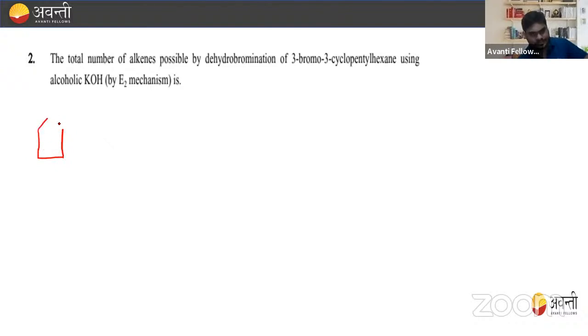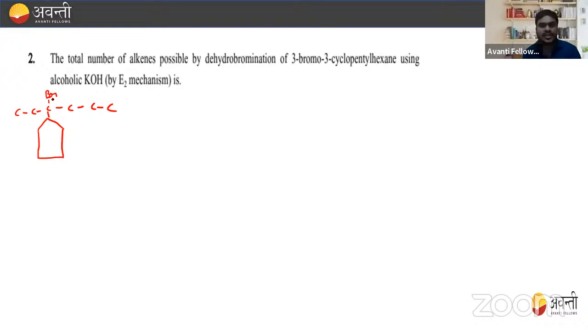So this will be 3-bromo. Carbon number 1, carbon number 2, this is carbon number 3, 4, 5, and 6. So 3-bromo-3-cyclopentyl hexane. In the 3 position we have a bromo.